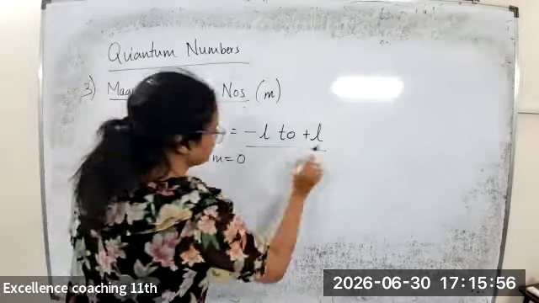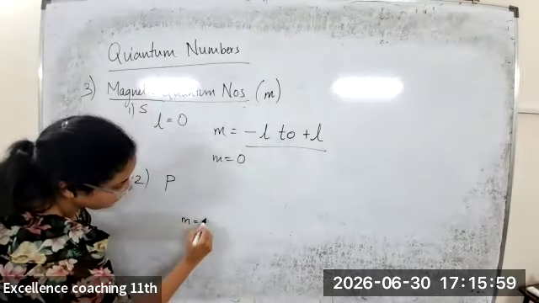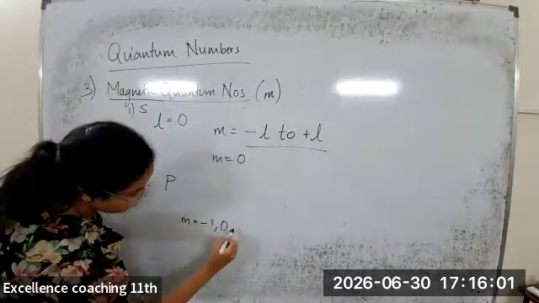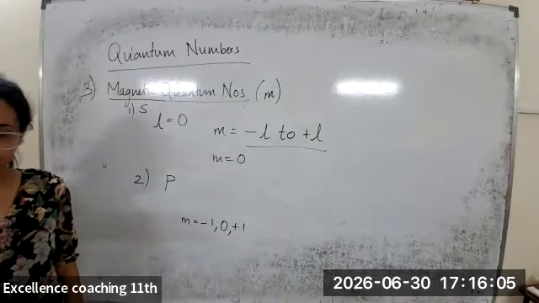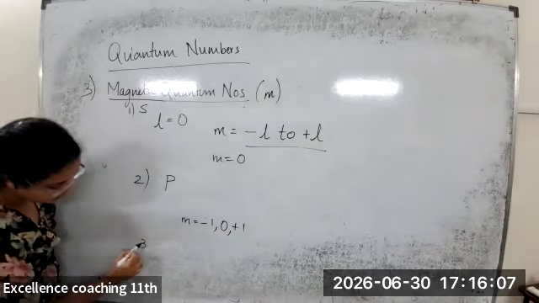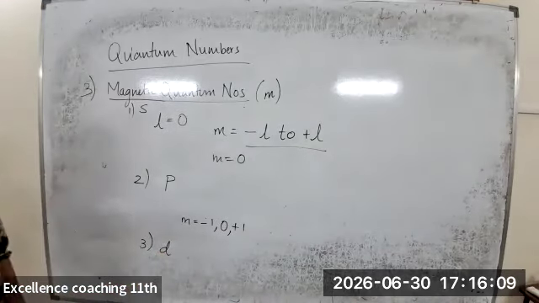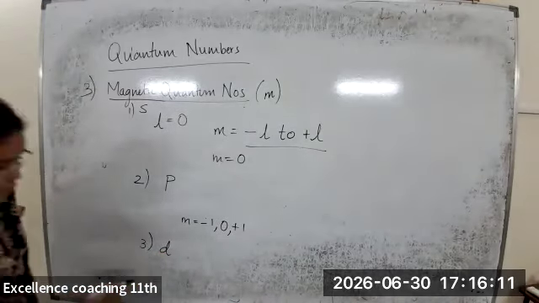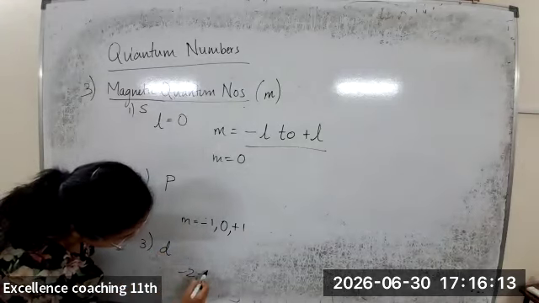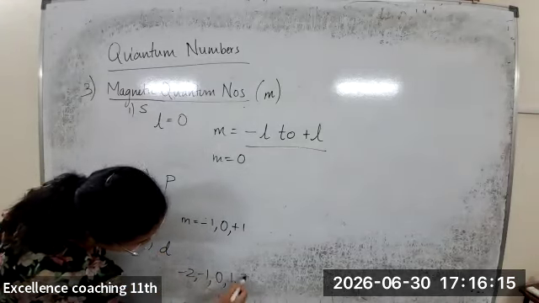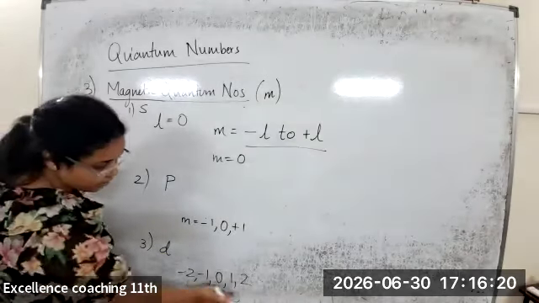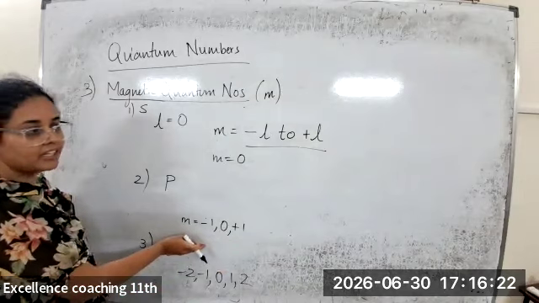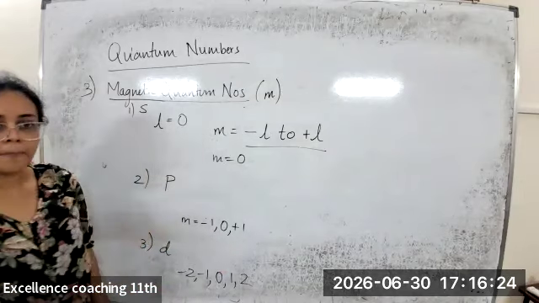So if I go by this, it can be minus 1, 0, plus 1. Understanding? Same way, if I do it for D, L is 2: minus 2, minus 1, 0, 1, 2. So here it will have 5 values. Here it will have 3 values. For S it will be 1.